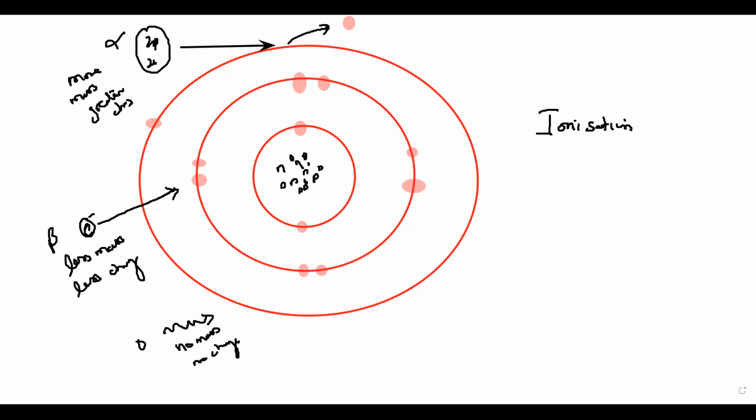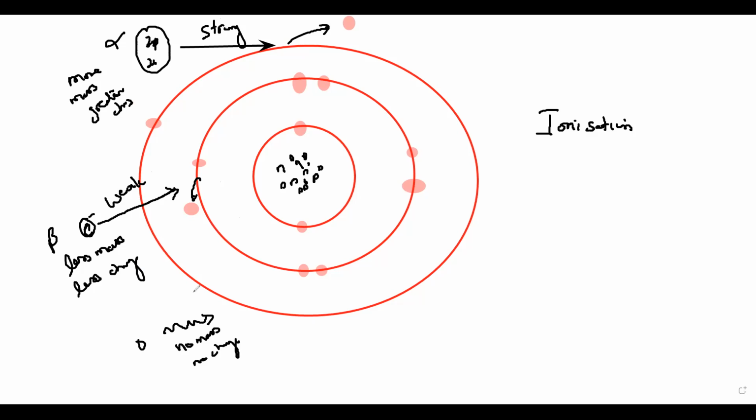So when we compare the capability of these radiations to knock out an electron from an atom, when alpha is there, it will have a strong capability to knock out the electron. When beta is there, it will have a weak capability.